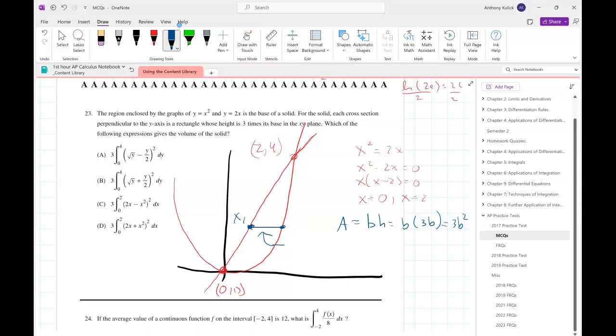It's like x2 minus x1, right? So I know this piece, I know y is equal to x squared. So x2 is the square root of y. And similarly, I know that y is equal to 2x. So x1 is y over 2.